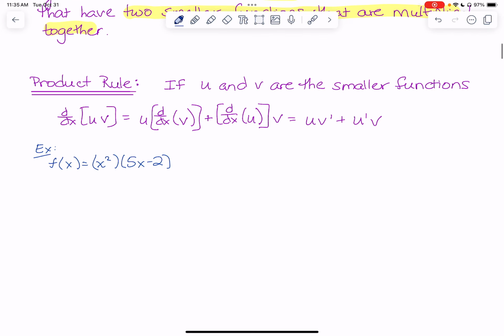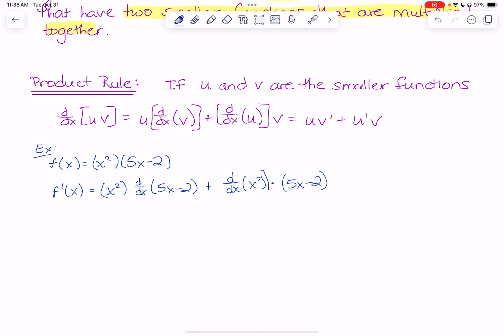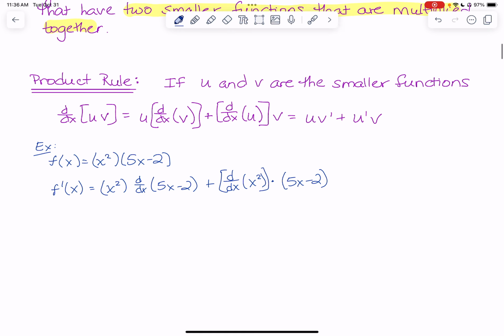If I want to find the derivative, f prime of x, I'm going to have my first, the x squared, times the derivative, d dx, of my second term, 5x minus 2, plus the derivative of my first, d dx of my x squared term, all multiplied by my 5x minus 2. Okay, so this is kind of cordoned off all by itself, and I do that by itself.